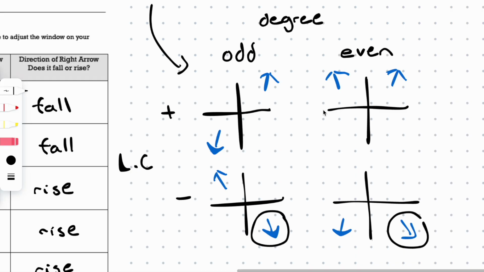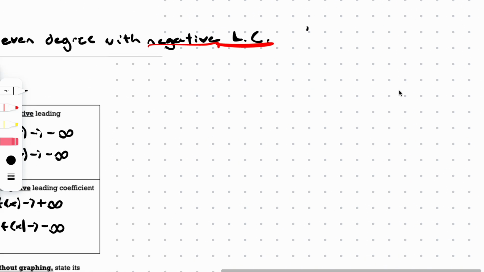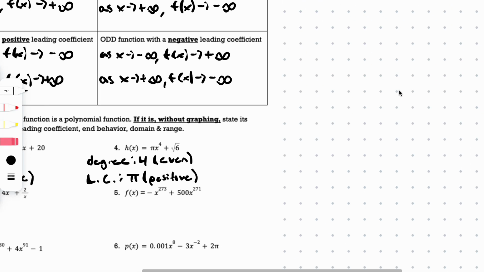So as we approach negative infinity, our y approaches positive infinity. As x approaches positive infinity, our y approaches positive infinity. So let's write this down. As x approaches negative infinity, f of x approaches positive infinity.